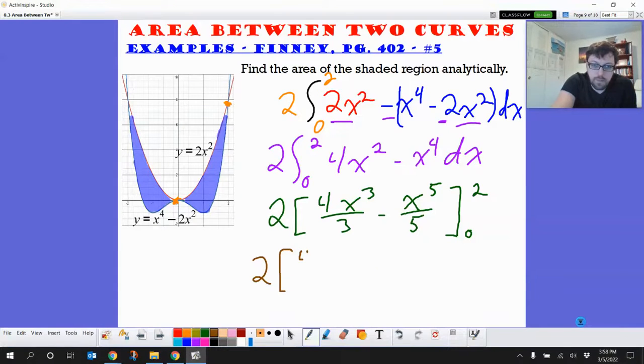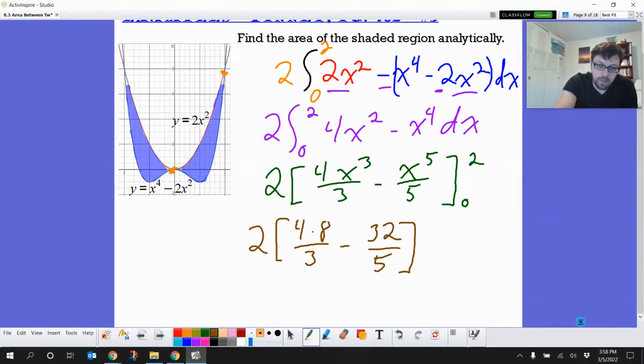So that's going to be 4 times 8 over 3 minus 2 to the fifth is 32 fifths. So that is 32 thirds minus 32 fifths, multiplied by 2.